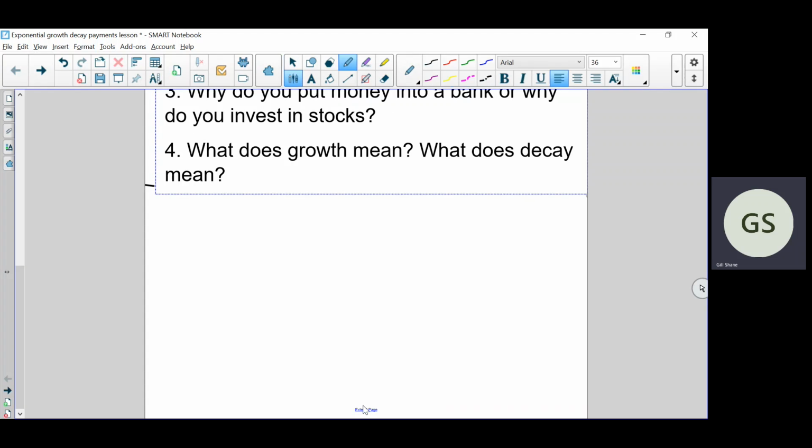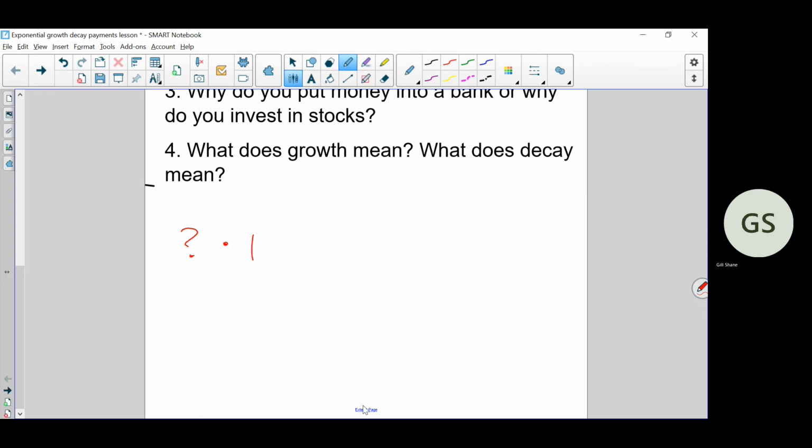Take some number times 1. Well, it's going to be that same number. So if I lower this number, then this has to get lower. If I raise this number, this number has to also get bigger. That's the simple logic behind it. Any positive number times a number greater than 1 gets bigger, times a number less than 1 gets smaller.